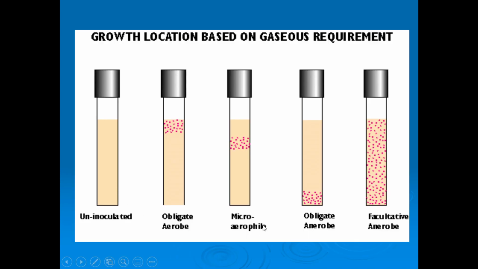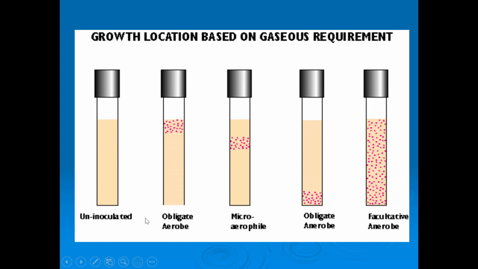So we have a couple different growth locations. When we grow this tube, you can see that there's gas at the top. It's open. Air can come in and out. And the air does come in, and it has oxygen inside, as most air in our atmosphere does. Then if there's no organism, it's not going to grow, right, uninoculated.